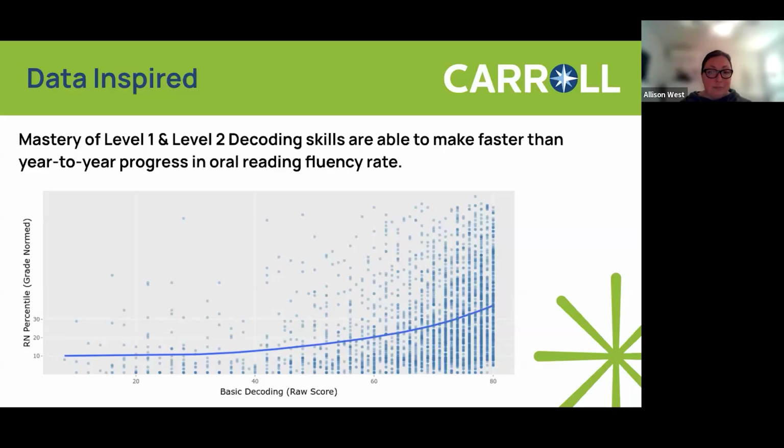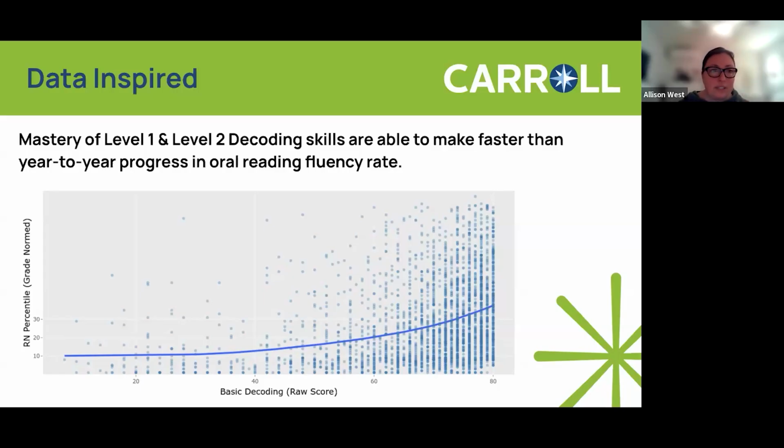And so knowing this information helps us know when a student needs to stay in a pure OG tutorial, or when they're ready to add that fluency component or their comprehension instruction. It also helps us understand if it appears that on the standardized measure, a student is not making progress on their reading rate.